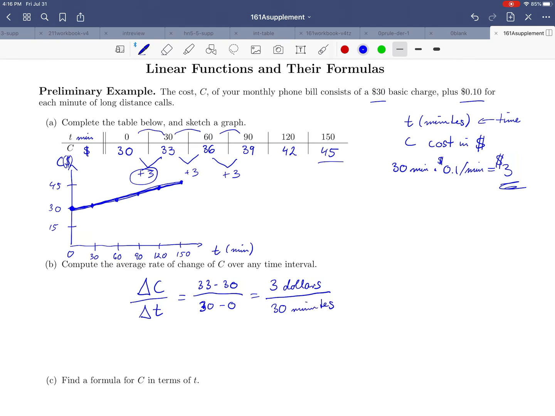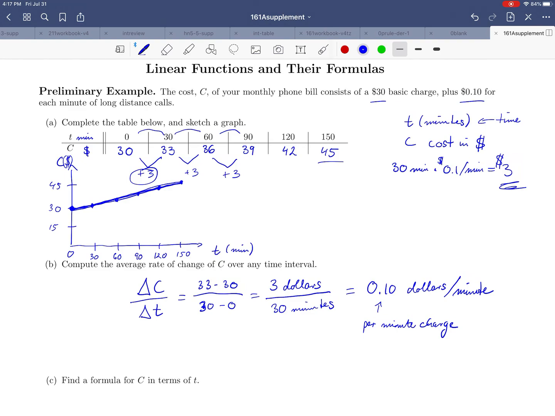That's my average rate of change formula, and it gives me the cost of talking per minute. So $3 divided by 30 minutes is $0.10 per minute. So our rate of change is actually the per minute charge of calling in our phone bill.